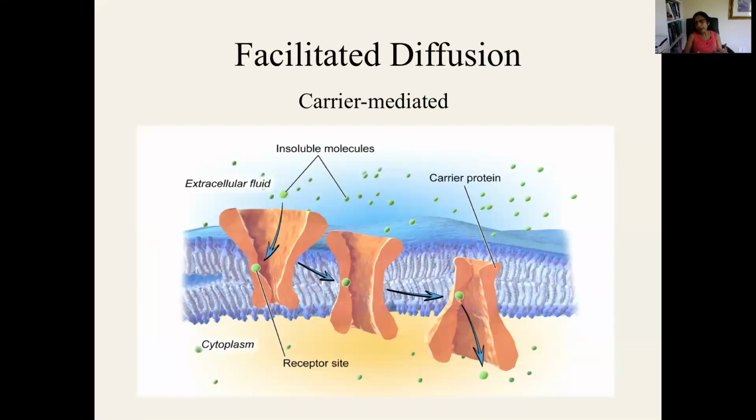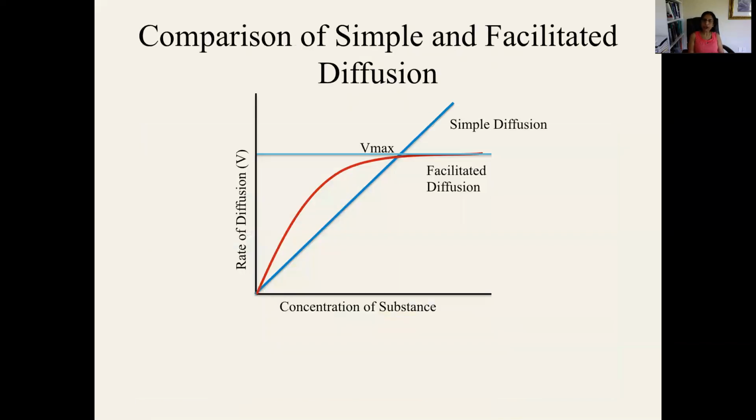Whichever way the substance moves, it doesn't matter. You understand the mechanism. You need the help of a carrier protein for diffusion to happen, and that's what we call facilitated diffusion. Now look at some other characteristic features of facilitated diffusion. What you're looking at here is the concentration gradient.